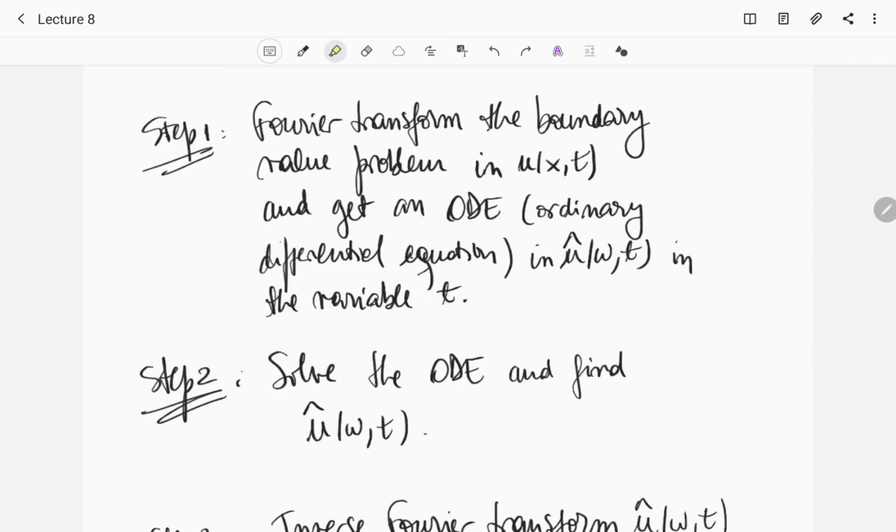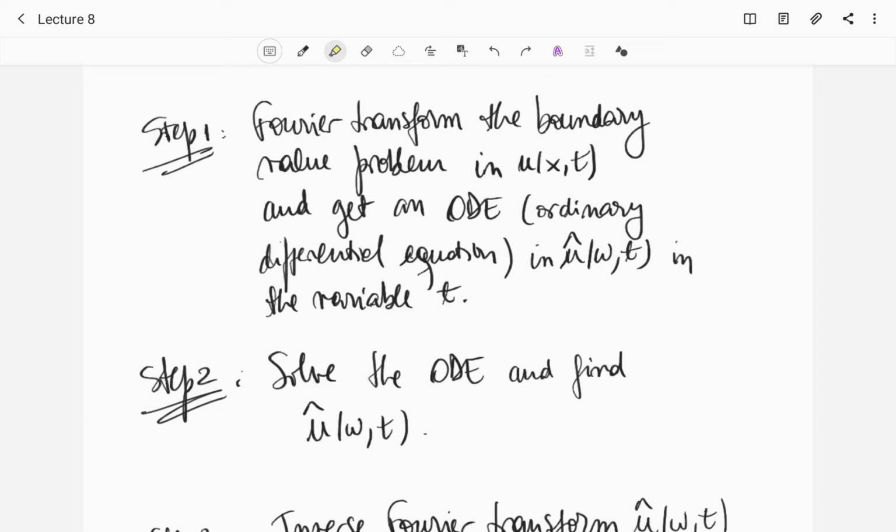To make a comparison with the separation method of variables, remember that the first step of the separation method of variables was also suggesting a certain type of solution, which was the product of two functions where the variables are separated. That's why we have this name, separation of variables.